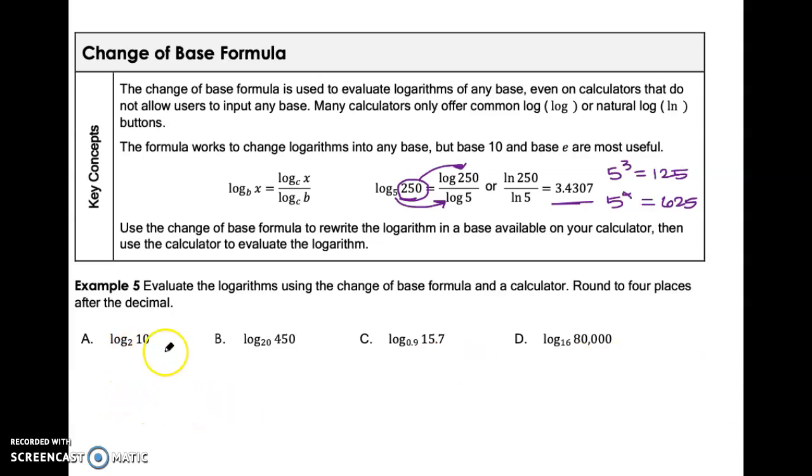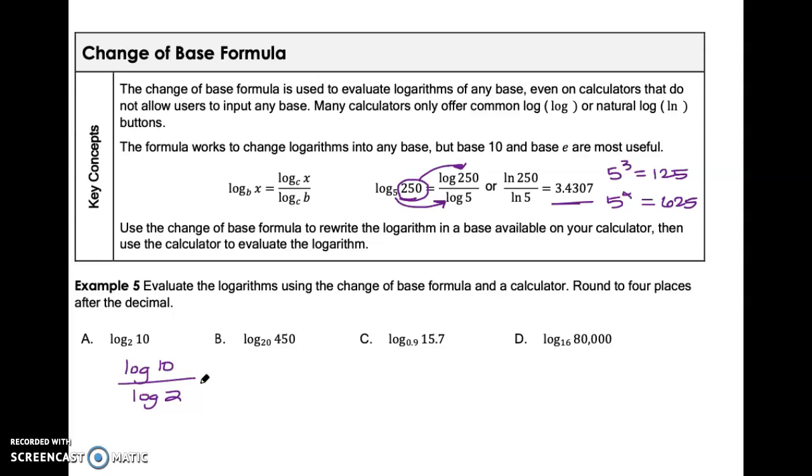So for part A, again, we're going to use change of base. So we can say log base 10 of 10 divided by log base 10 of 2. Remember, it's argument in the numerator, base in the denominator. And then we just go to the calculator and we evaluate log base 10 of 10, which is 1 because 10 to the first power is 10. And we're going to divide that by log base 10 of 2.